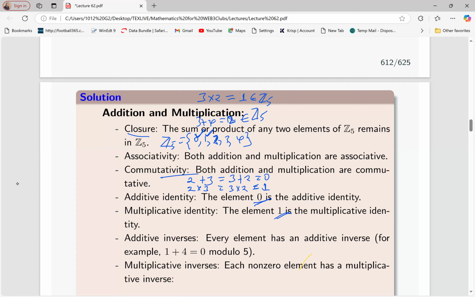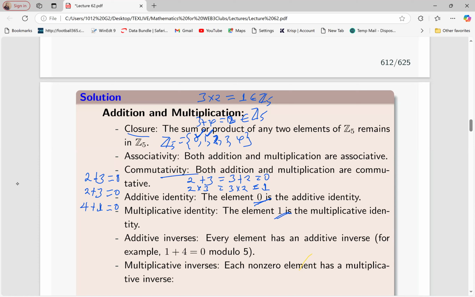What about inverses? What is the inverse of 2 under addition? The inverse of 2 is 3, because these two give us 0. The inverse of 3 is 2. The inverse of 4 is 1, because this will give us 0 mod 5.